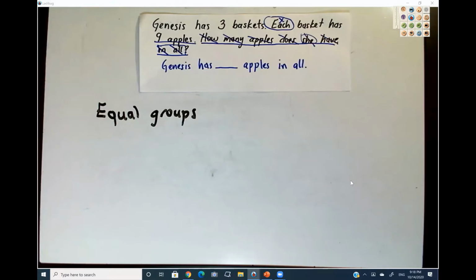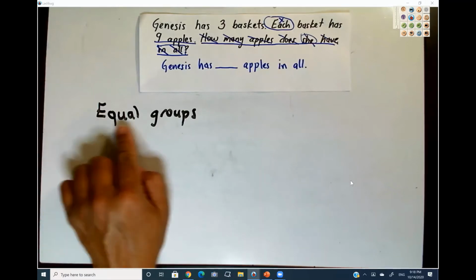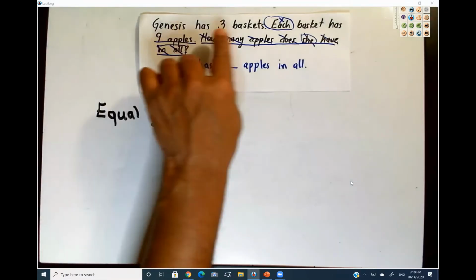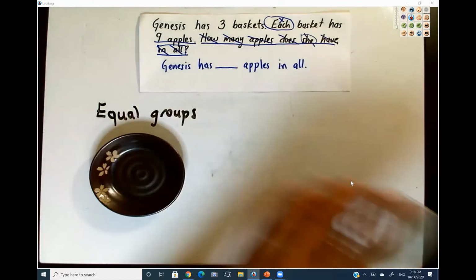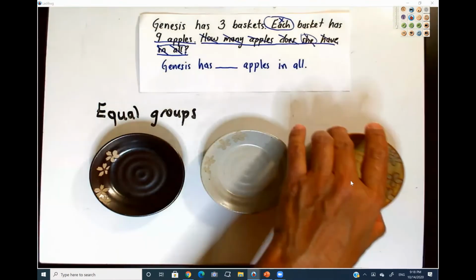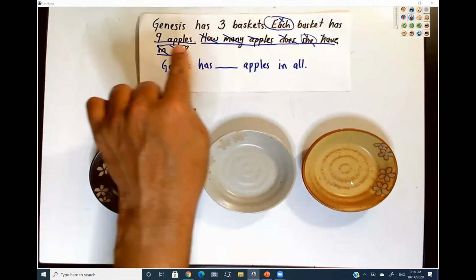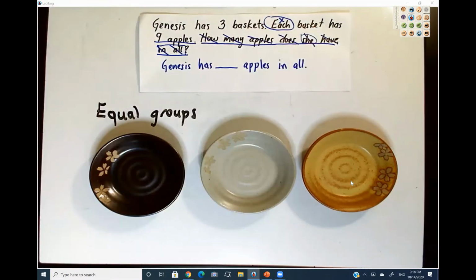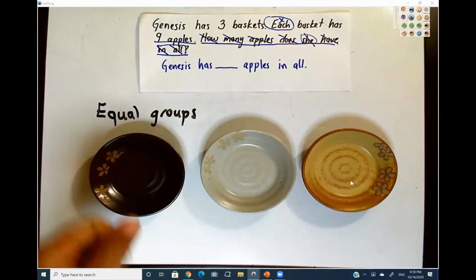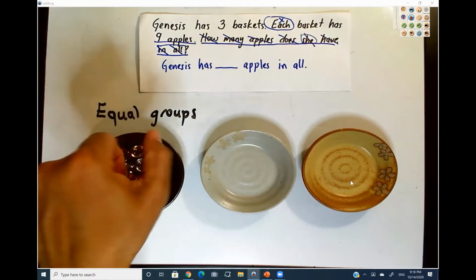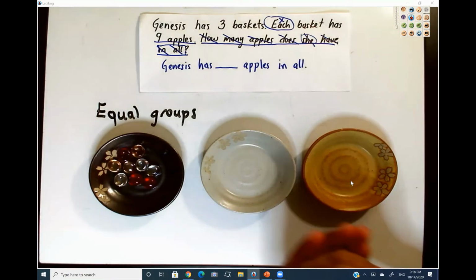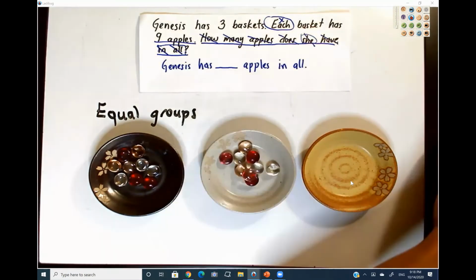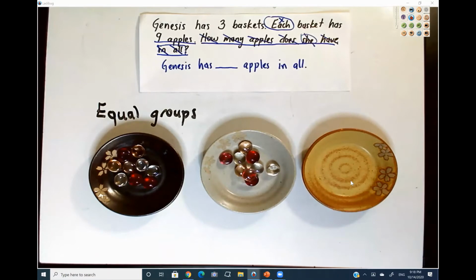The first representation we're going to do is equal groups. Genesis has 3 baskets. So these plates are going to represent the 3 baskets that she has. Then here it says that each basket has 9 apples. So these beads are going to represent the 9 apples in the first basket, 9 apples in the second basket, and 9 apples in the third basket.